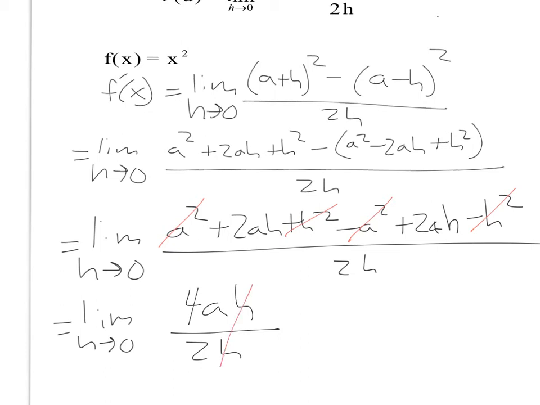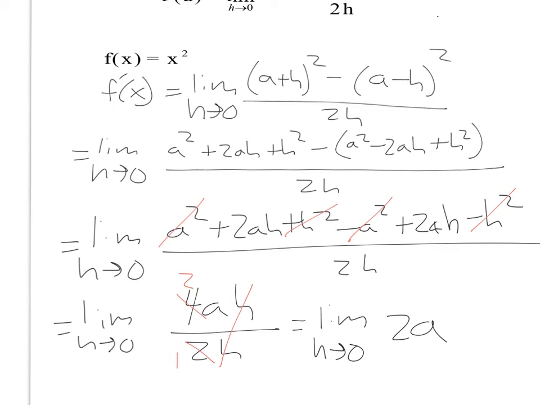Hopefully you see these h's just kind of cancel each other out, and you can take a 2 out of both of these things. So really, this is asking for the limit as h approaches 0 of, all we would have left is 2a.